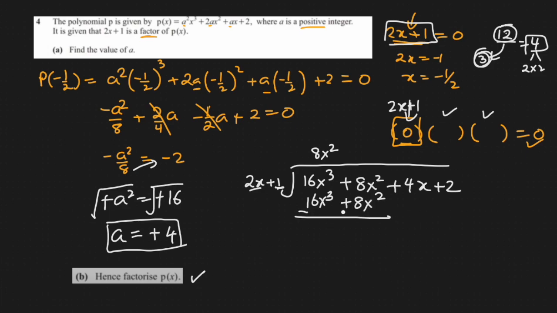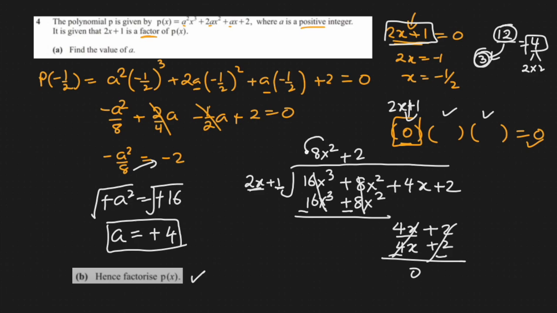If I subtract, both change sign, both get cancelled out. We are left with 4x plus 2. And to make 2x into 4x, it becomes 2. So 2 times 2x is 4x, 2 times 1 is 2, and this is also gone. See, completely divided, no remainder, complete factor.